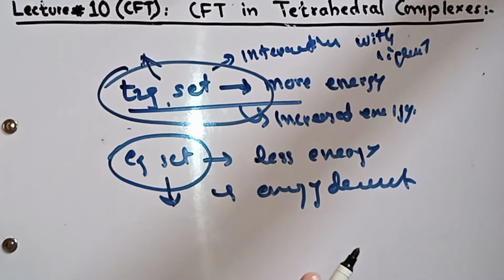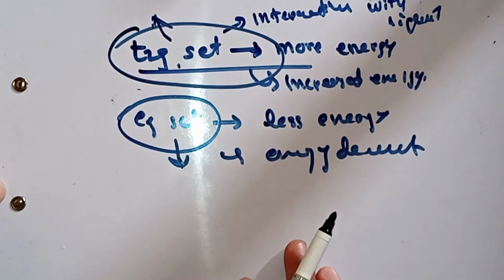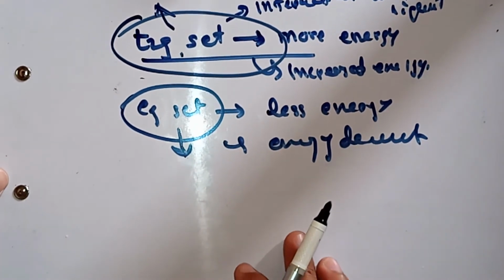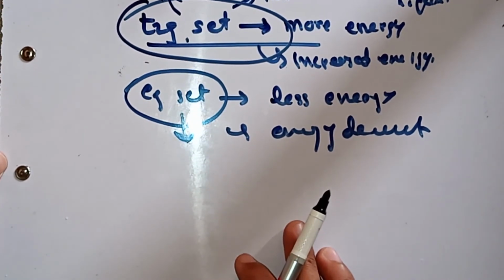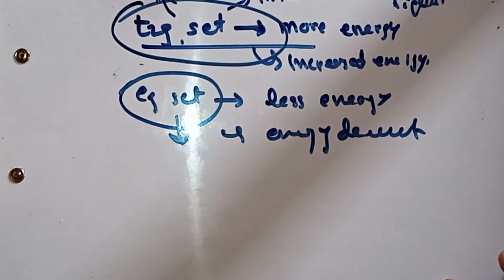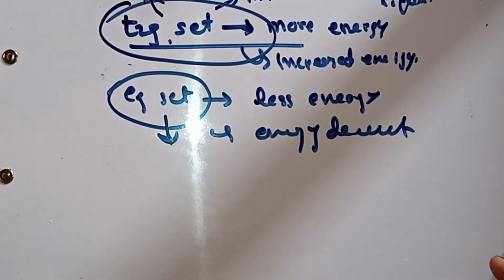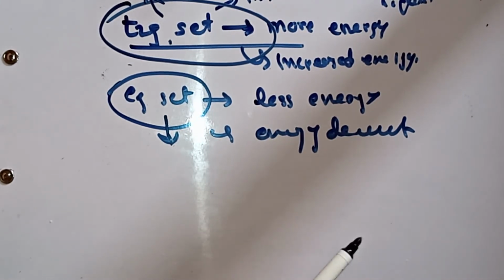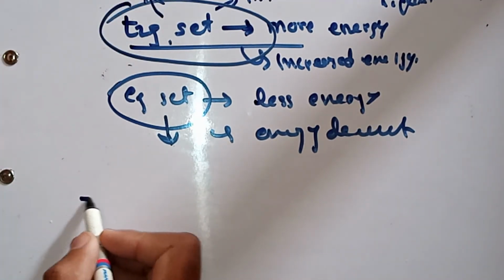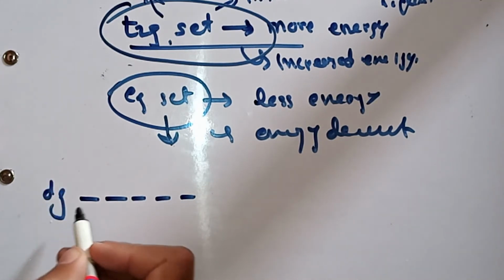We can write this in this form also. How? Let me take the correct position of the camera. So let's suppose these are the d orbitals, all have the same degeneracy.